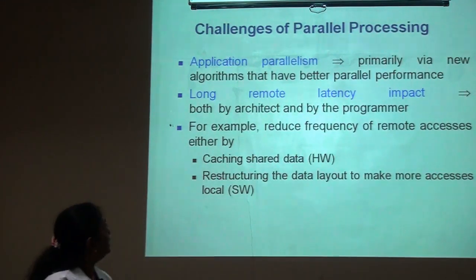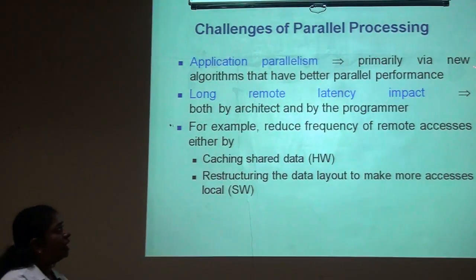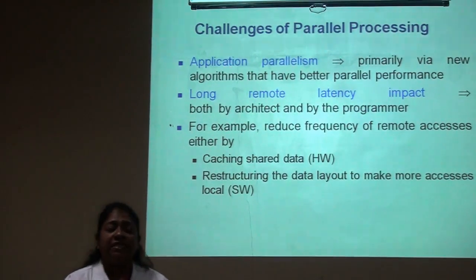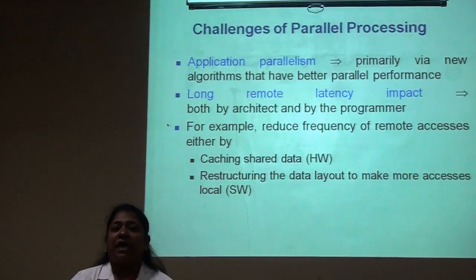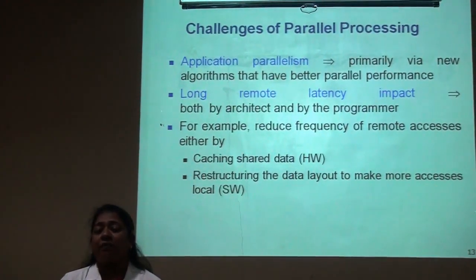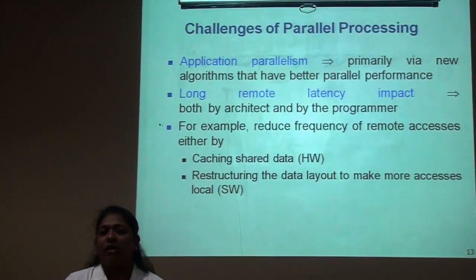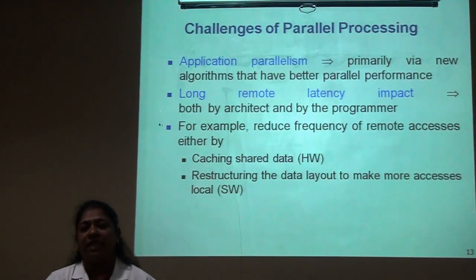The second one is the local remote latency effect, because latency is very, very important. Whenever the processor is nearer to the location, it can get the data easily. But whenever the data is at a very large distance, it is very difficult, because we are using a distributed architecture, with India, Australia, USA, and normal people, the layman, also using it.